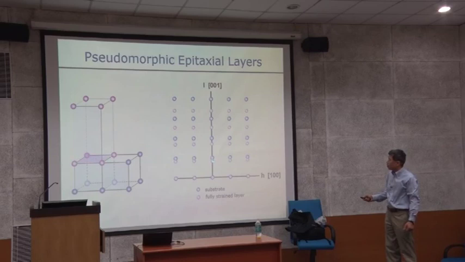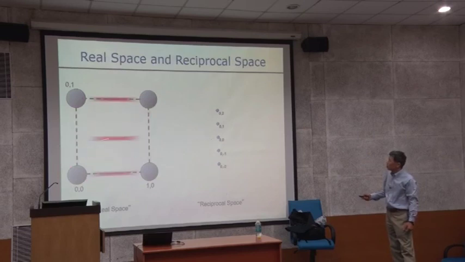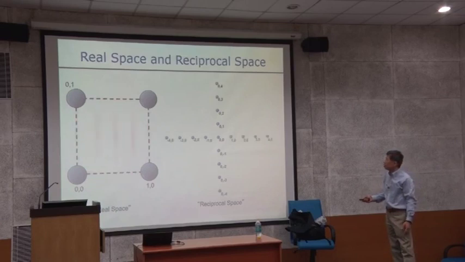And this blue-pink one comes from this longer lattice. And then the next one here comes from half of this, which is the 200. This plane corresponds to the 200.